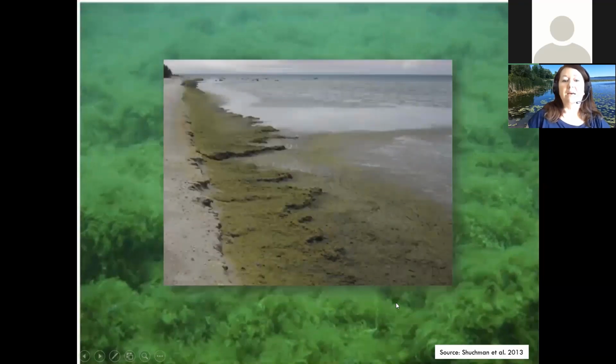And once Cladophora reaches its peak growth, typically it'll slough off either through wave action or just natural sloughing events and will build up on the shoreline. So it's very common in Lake Michigan, Lake Erie, and Lake Ontario for this wall of green to form that's mostly Cladophora.